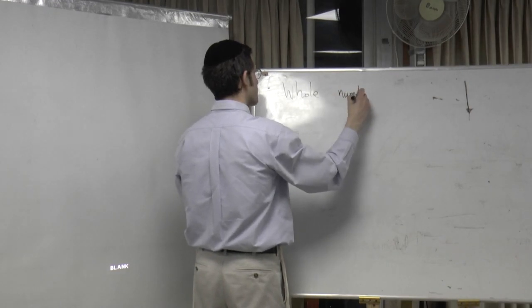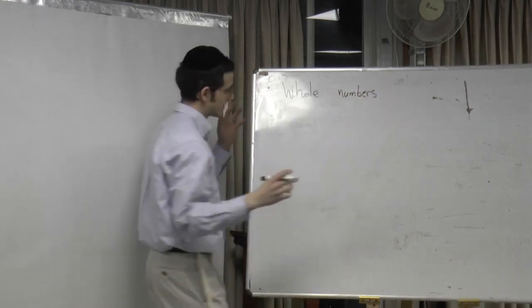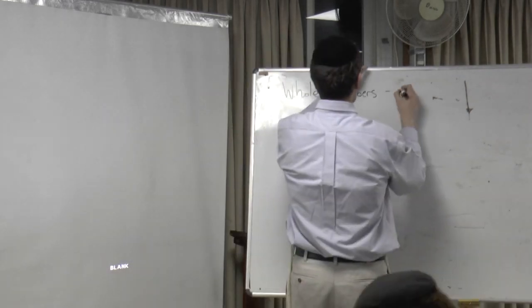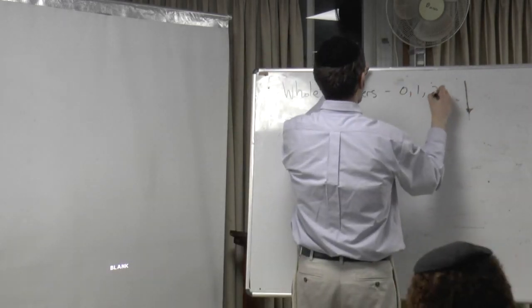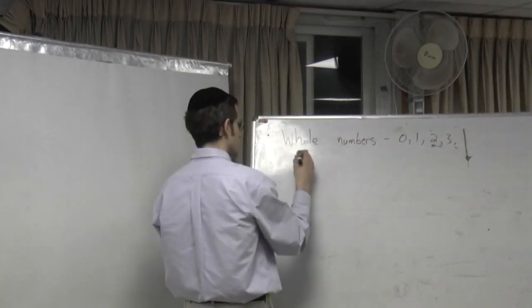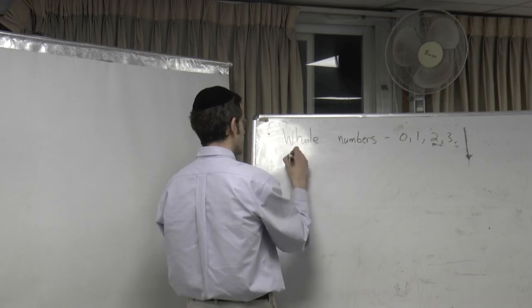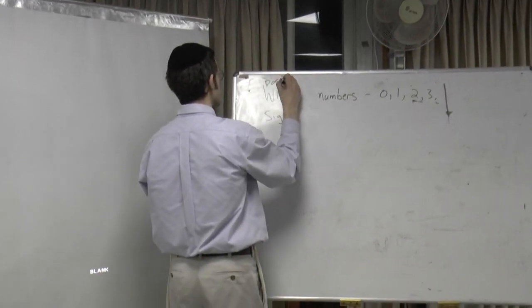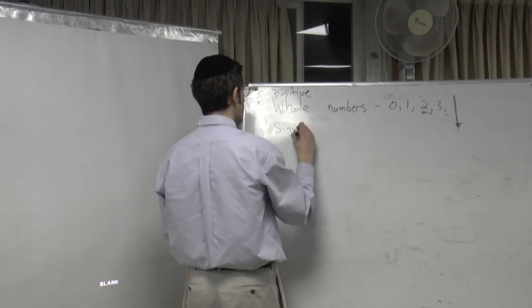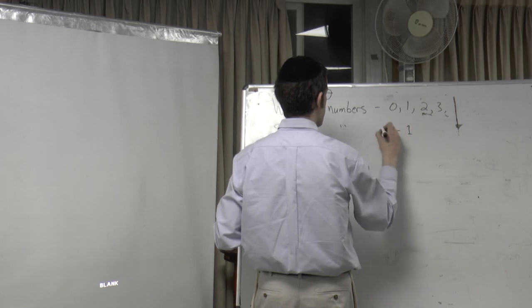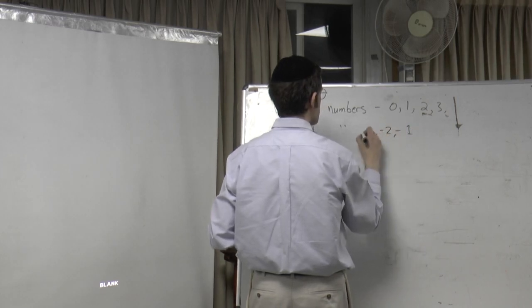I'm going to be historically very brief and just pretend the whole numbers start with 0, 0, 1, 2, 3, right? And then there are also signed numbers, like positive whole numbers and negative ones, -1, -2, etc.